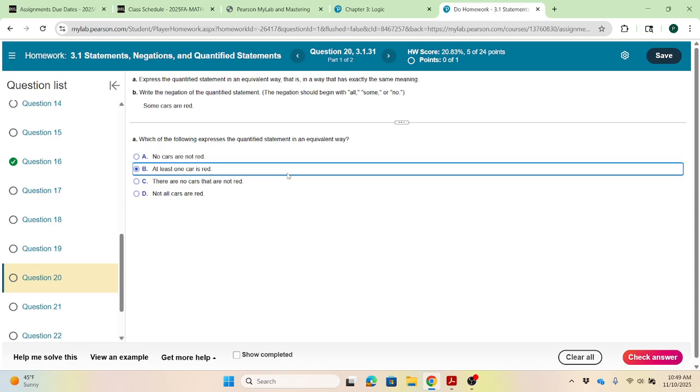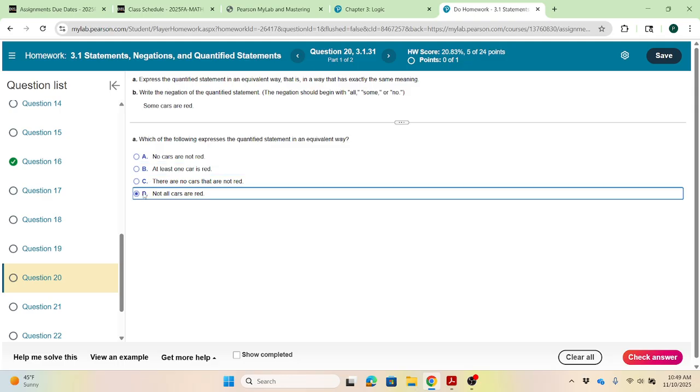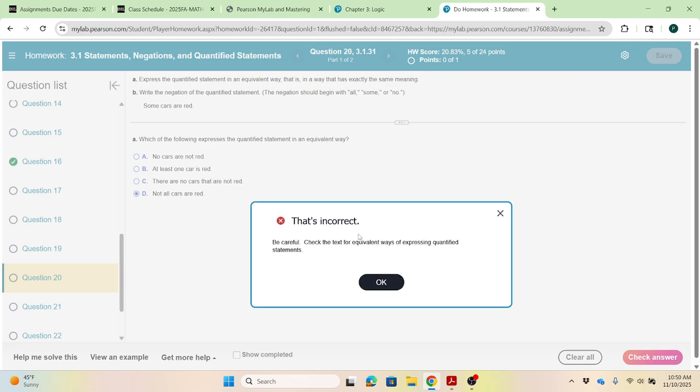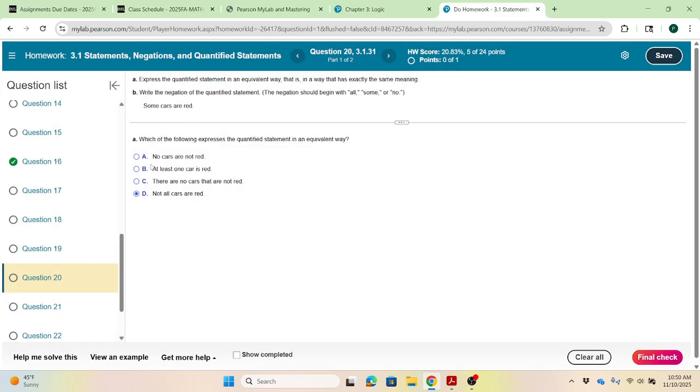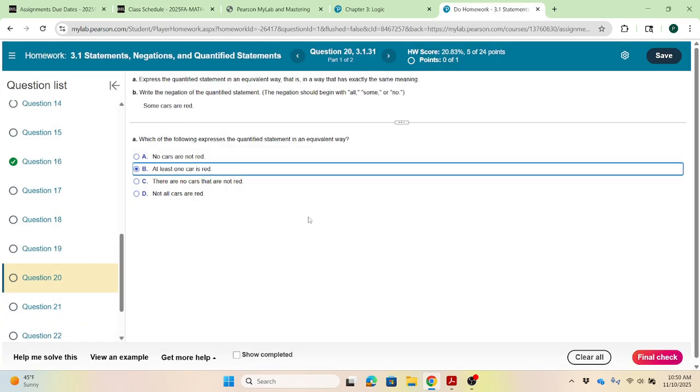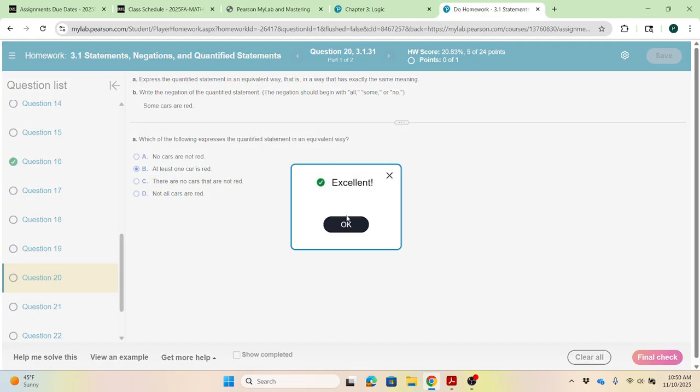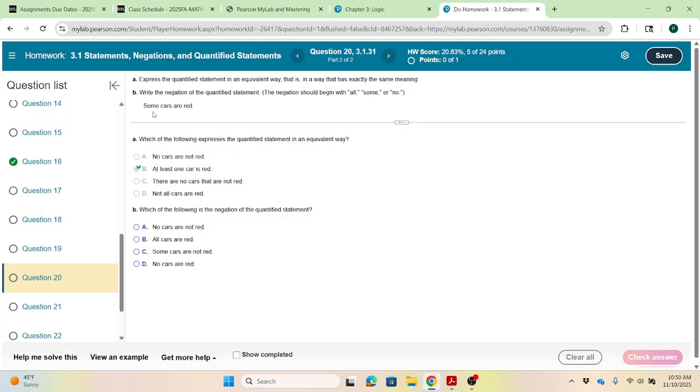At least one car is red. Sorry about that. Some cars are red means it could be that all cars are red, but at least one car is red. That's for sure.